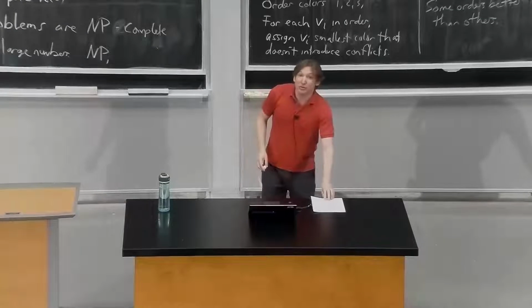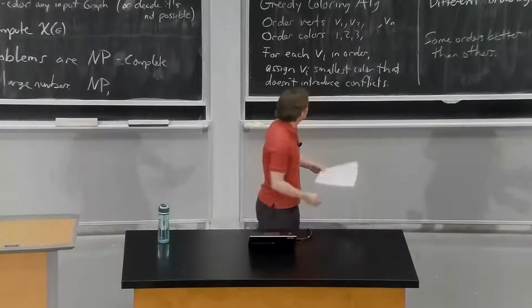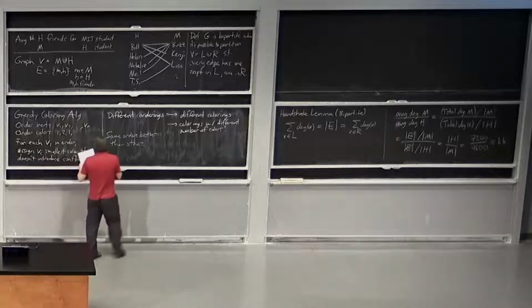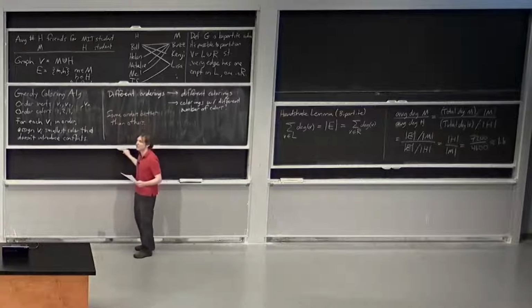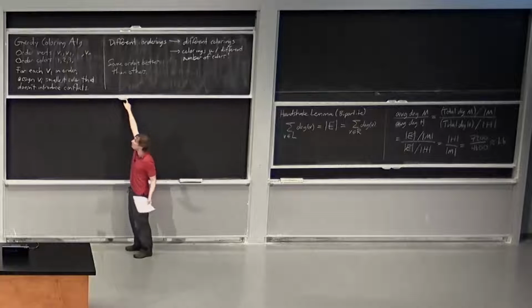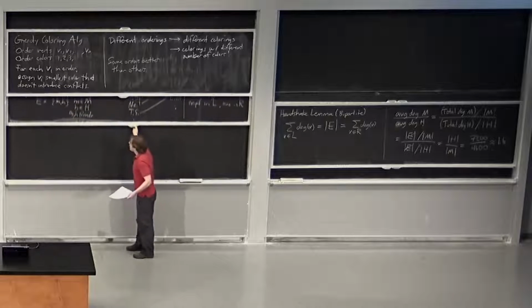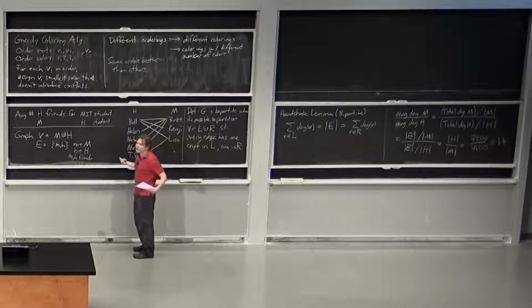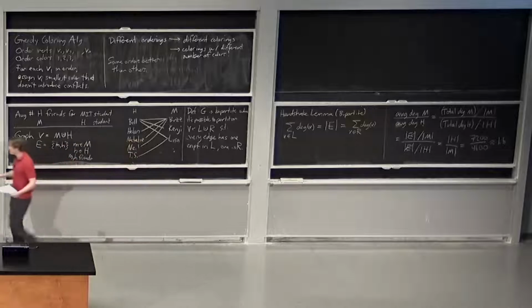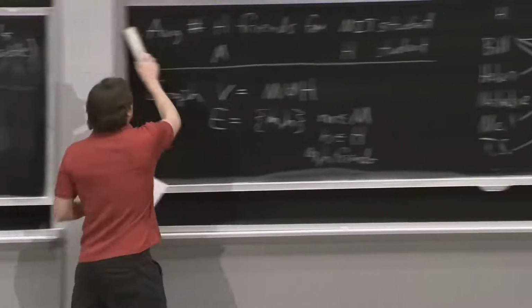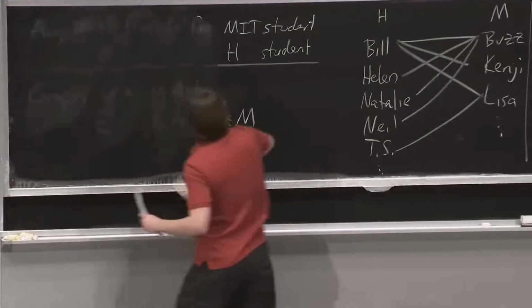Let me prove one thing about this greedy algorithm. As we said, it's not always going to give the smallest coloring, depending on what order you pick. But we can prove something about the quality of colorings we get. And here is that theorem.